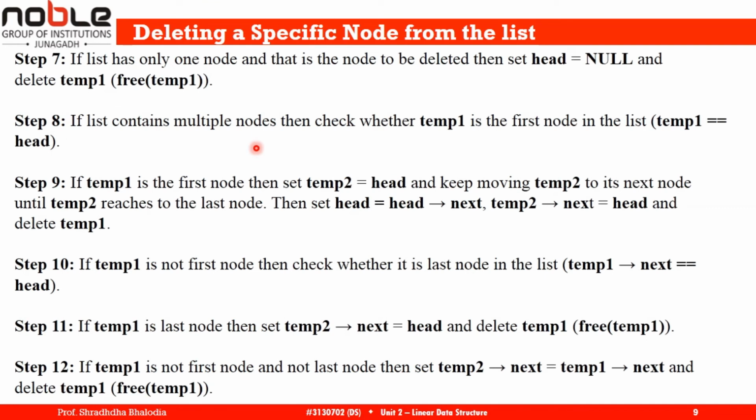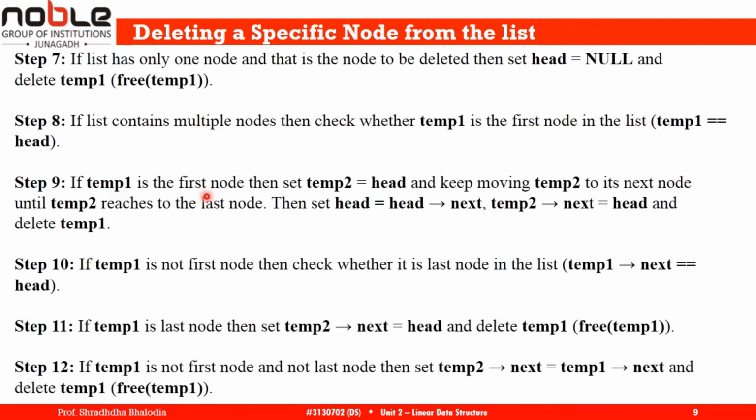If the list contains multiple nodes, it means the list is not empty and the list has not only one element but multiple nodes, then check whether temporary 1 is the first node in the list. It means the specific node which we want to delete is the first node, by using the condition temporary 1 is equal to head.